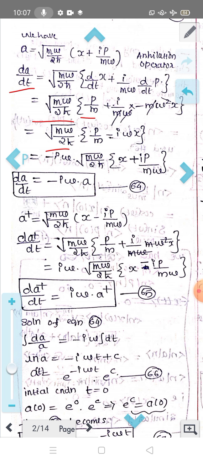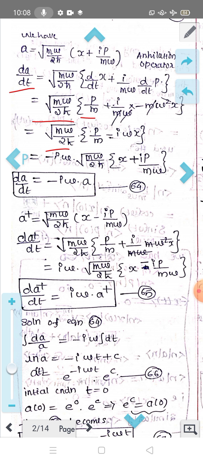So we will get dA/dt is equal to root of m ω/2ħ, p/m minus i ω x. Taking minus i ω outside, dA/dt is equal to minus i ω root of m ω/2ħ, x plus ip/(m ω).